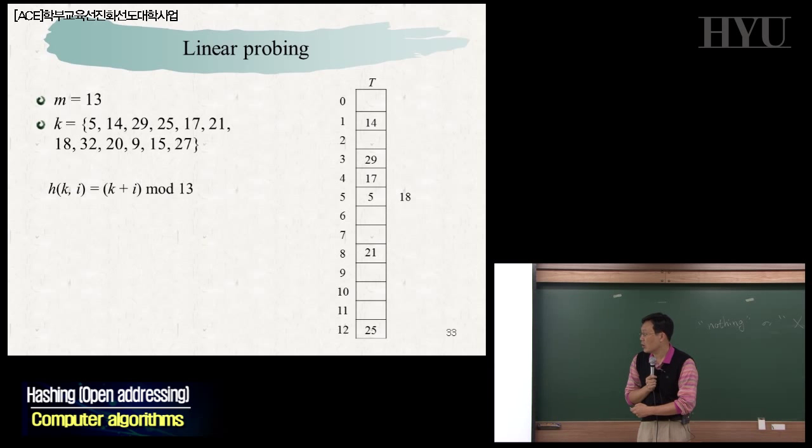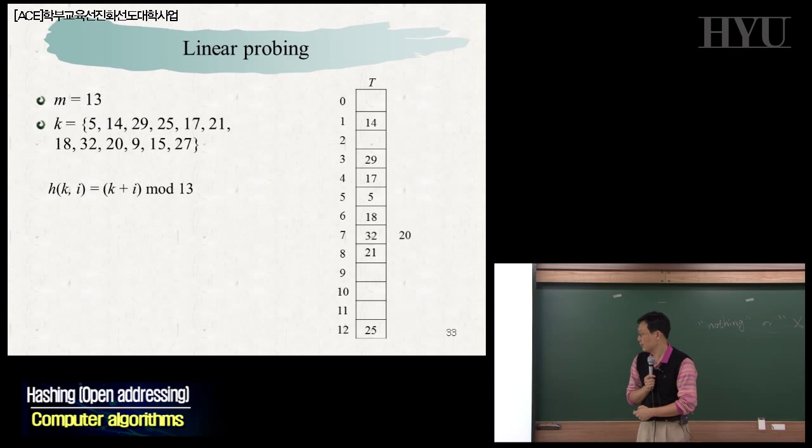Okay, there is one collision here. This is not a collision if we use chaining, because 18 was stored here. Is this a real collision?